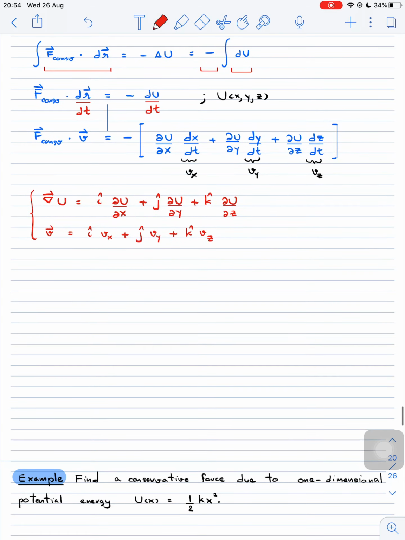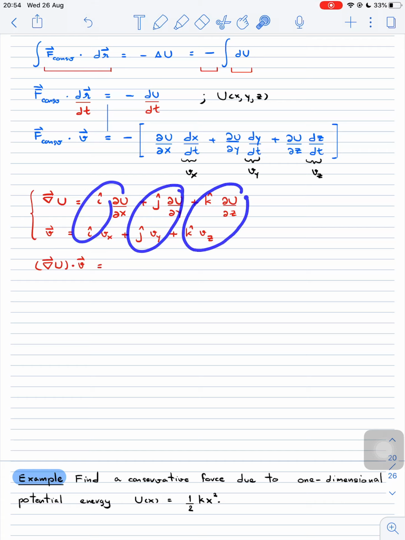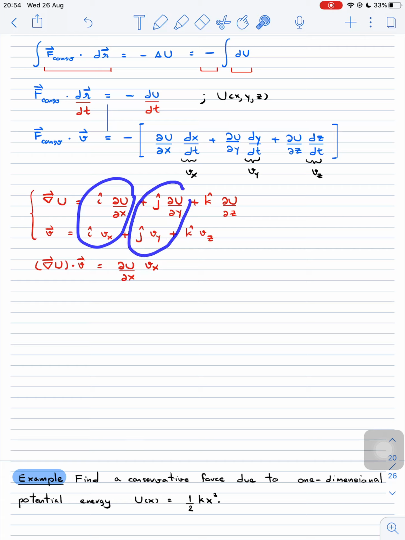Now if we take the dot product between the gradient of u and the velocity v, what happens? We have i dot i, j dot j, and k dot k, so we get du by dx times vx, plus du by dy times vy, plus du by dz times vz.